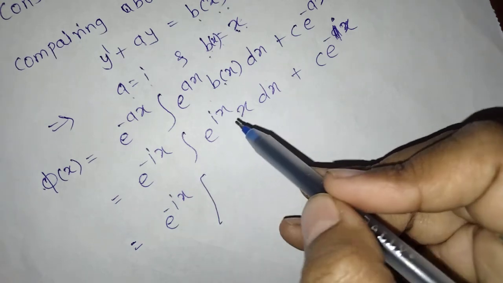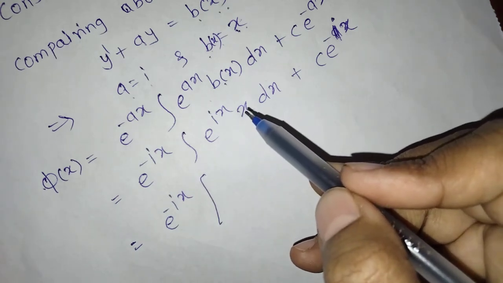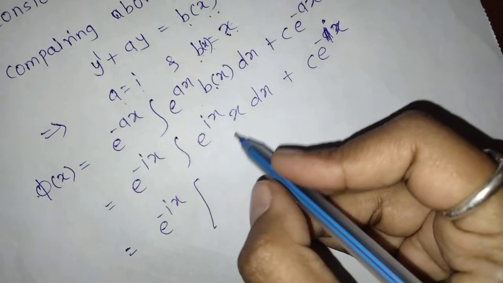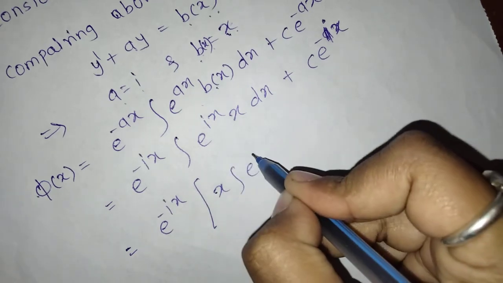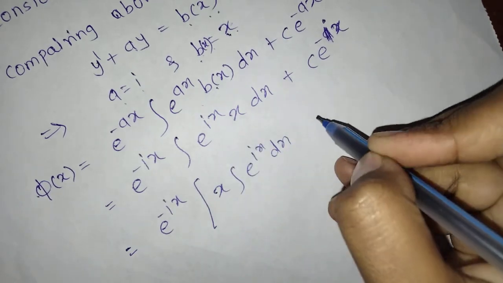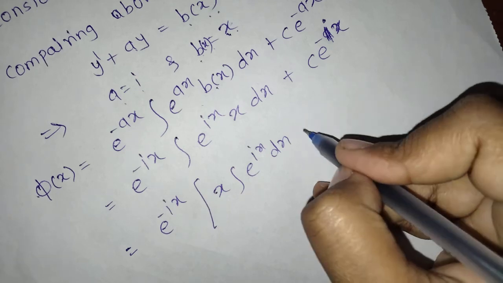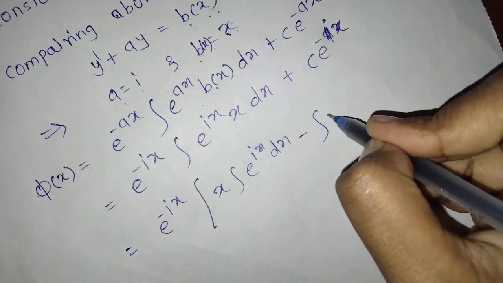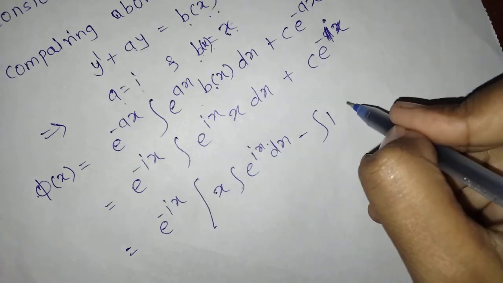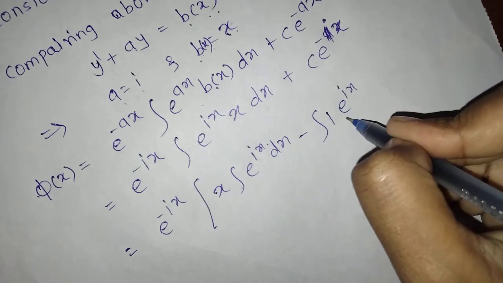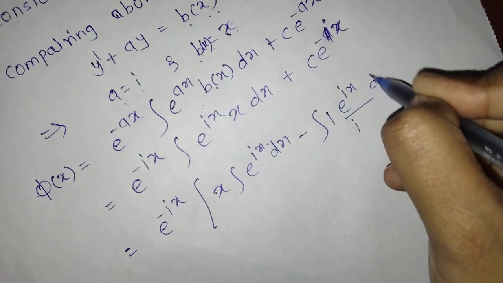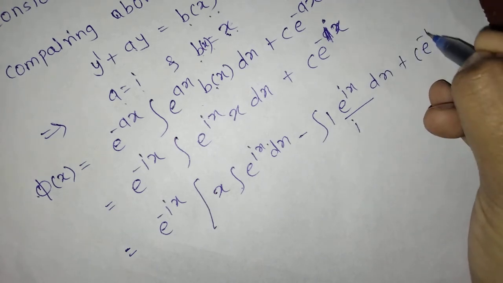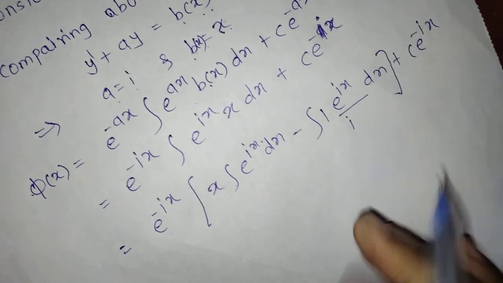Now here you can apply the LIATE rule. First x into integration e raised to ix dx, minus derivative of x which is 1, and integration of e raised to ix is e raised to ix upon i, dx, plus c into e raised to minus ix.